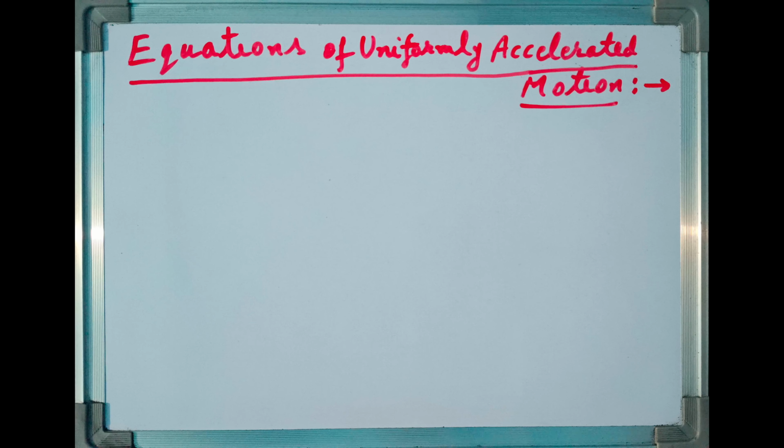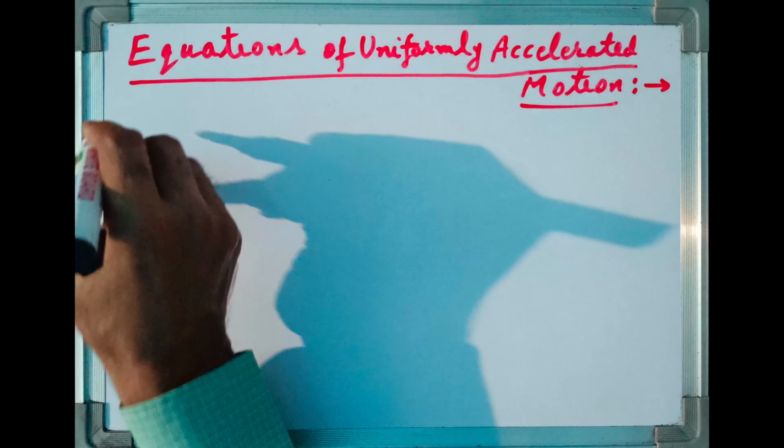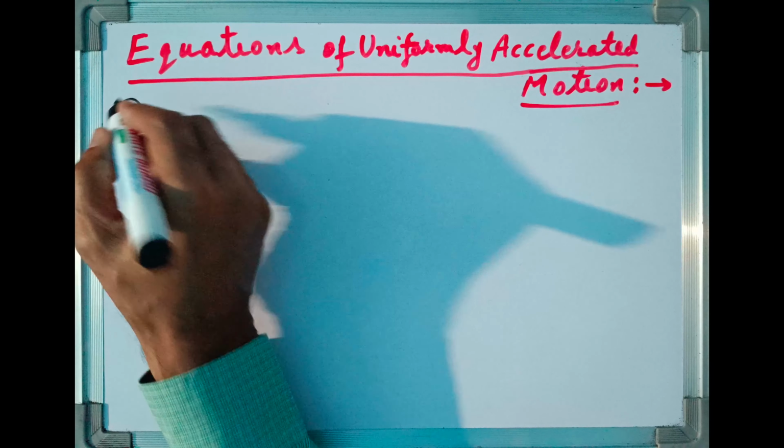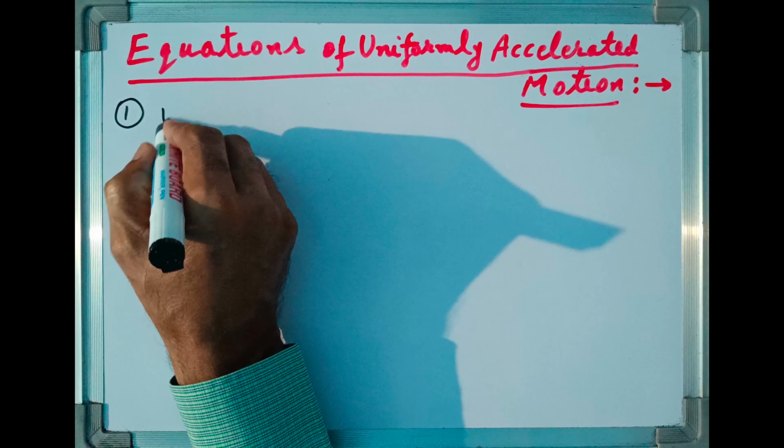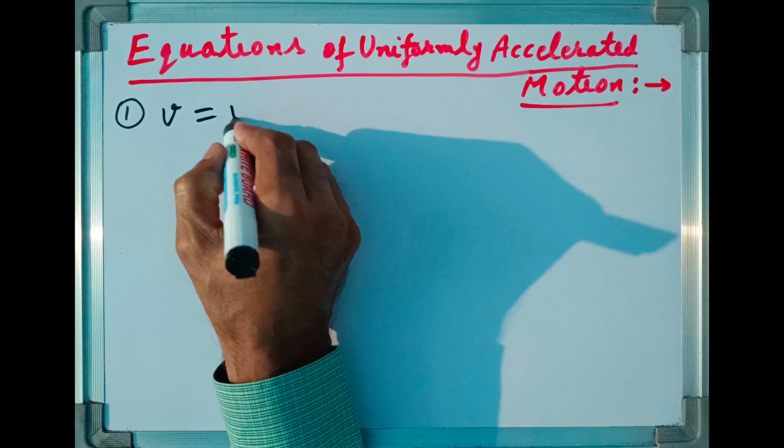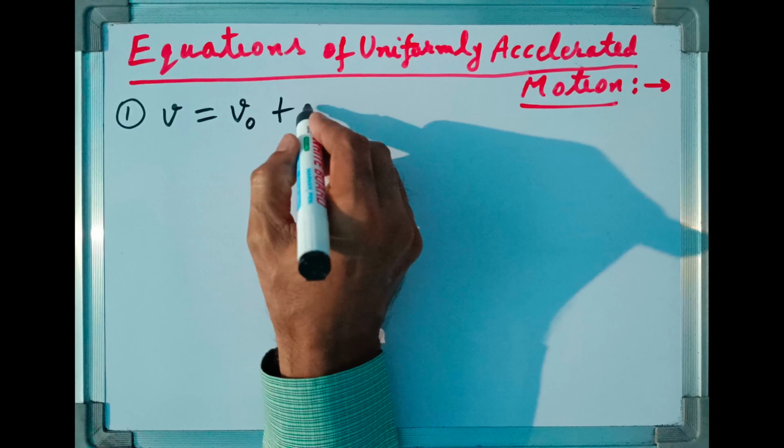In this lecture, I will share how to derive equations of uniformly accelerated motion by using the calculus method, that is, by differentiation and integration. First of all, let me take the first equation, that is v equal to v naught plus at.